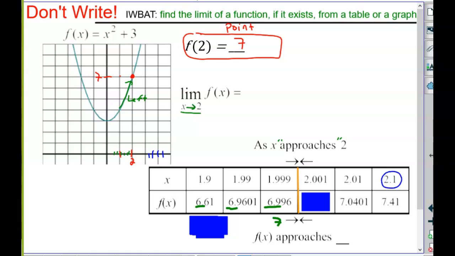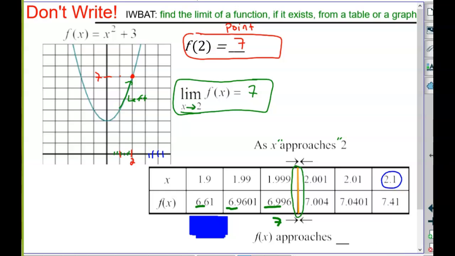You get 7.0401. Now still, that's close to 2, but we can get closer. I can do 2.001. And hopefully you're seeing, you know what? I'm actually approaching the same number from the left side as I am from the right. And eventually, if I can find that exact spot, the limit itself is approaching 7.